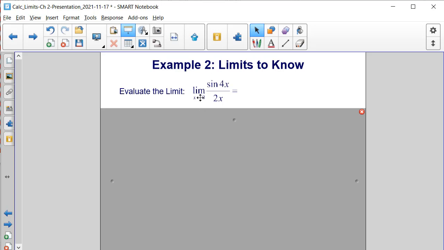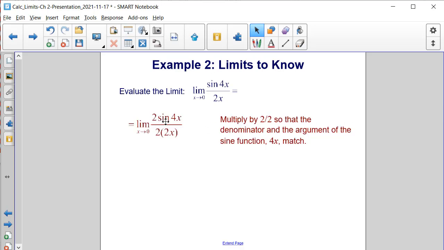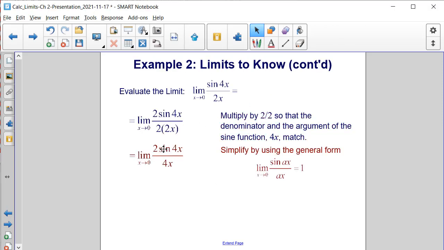And we can do that by multiplying both the top and bottom by positive 2, because 2 over 2 is equal to 1, and 1 times any number or expression doesn't change its value. So if we multiply by 2 over 2, so that we get 4x in the denominator, then we can take that limit.